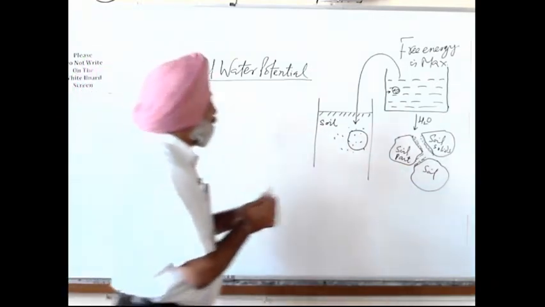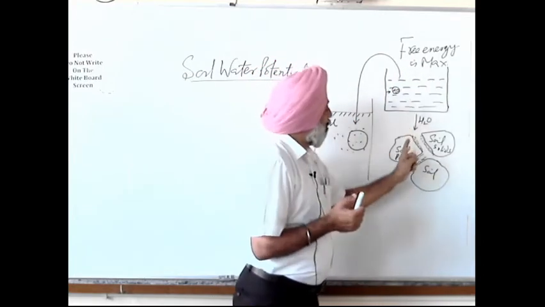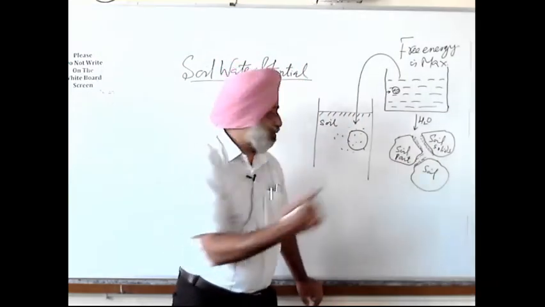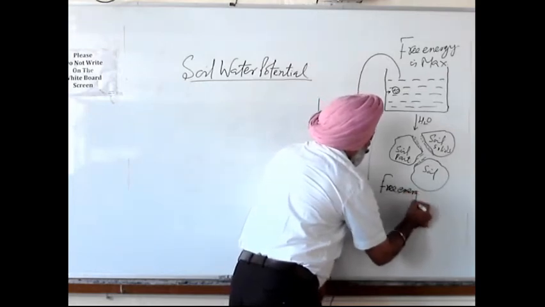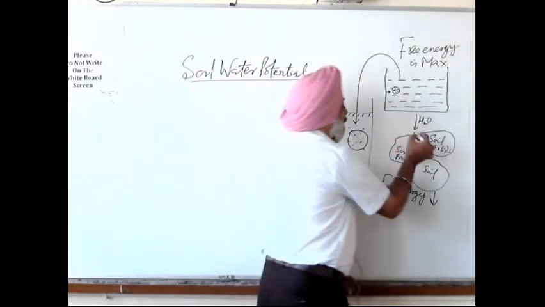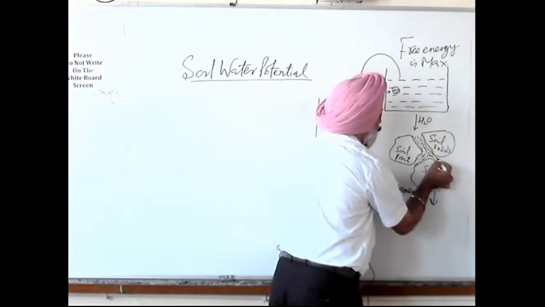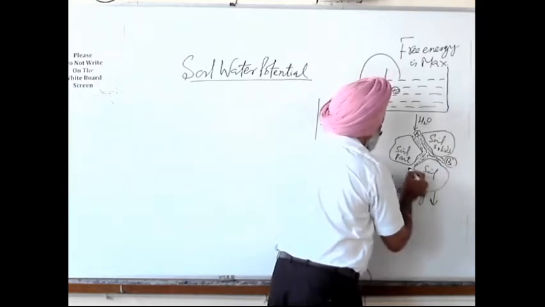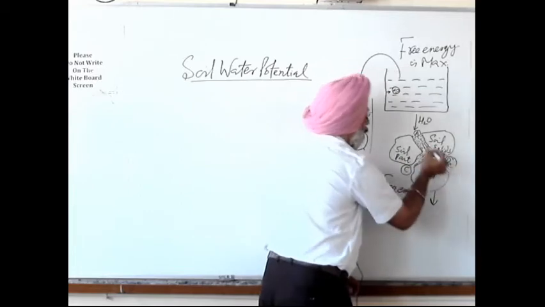And now this water which was transferred into the soil, its free energy was maximum. Once it was attracted by the soil particles, its free energy got reduced. Here, free energy of water got reduced simply by attraction. And here, ultimately the pores will get filled up, and if this is point A, this is point B, this is point C, now the question is, again, will the water move from A to C or A to B?